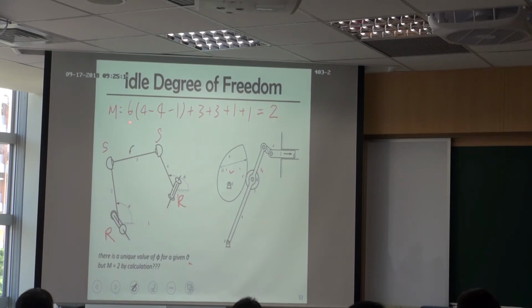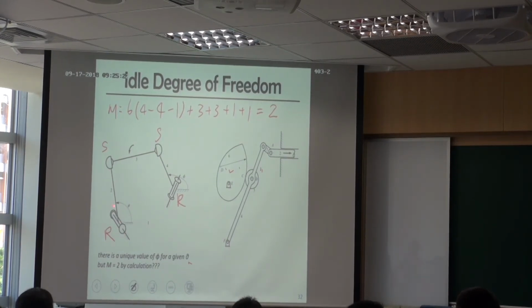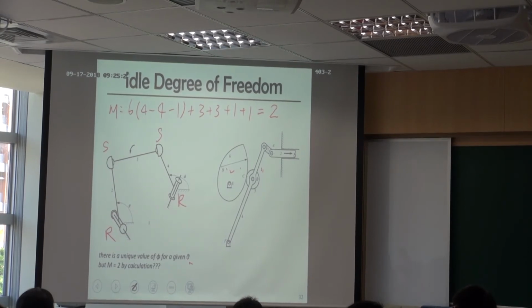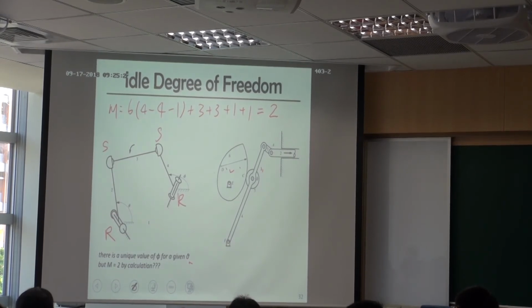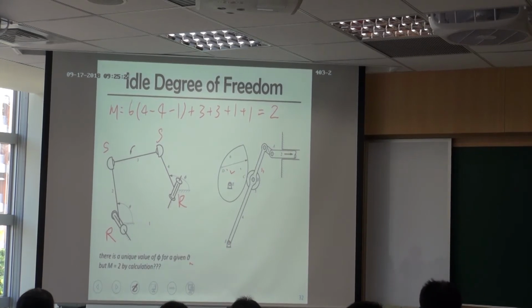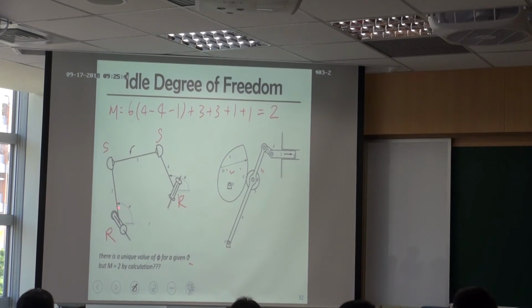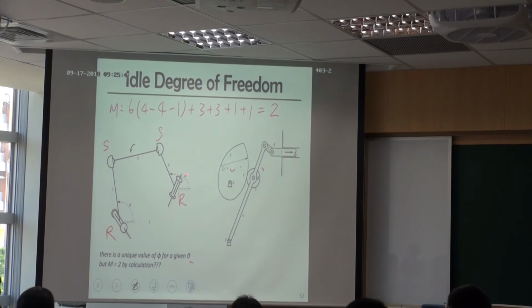So what's the meaning of mobility equals 2? That means in this case, we need to define 2 variables in order to define the position of this mechanism. But actually, it might be a bit difficult for you to imagine, but if I call this angle theta, and this one phi, and you build this mechanism and rotate theta, you'll find phi will also move correspondingly.